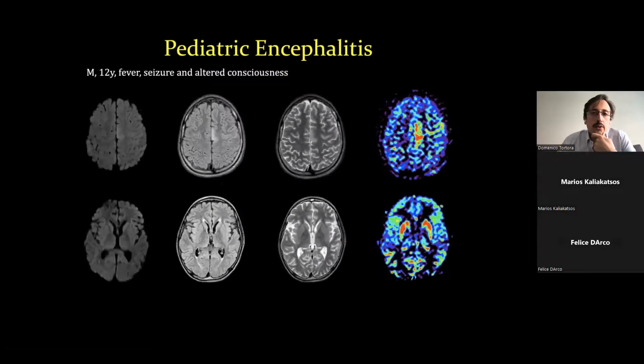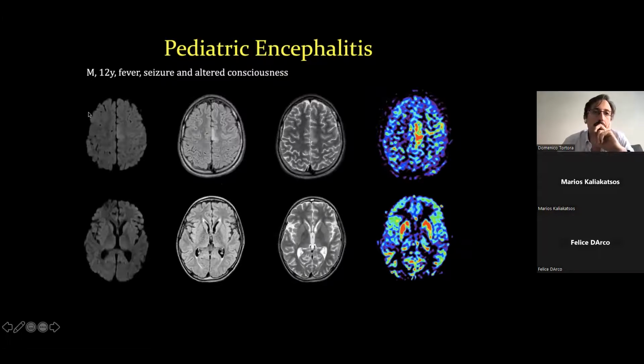It's also important, in patients with pediatric encephalitis and seizure, to look at the brain perfusion in order to localize the ictal onset zone. This is a case of a boy presenting with fever, seizure, and altered consciousness.